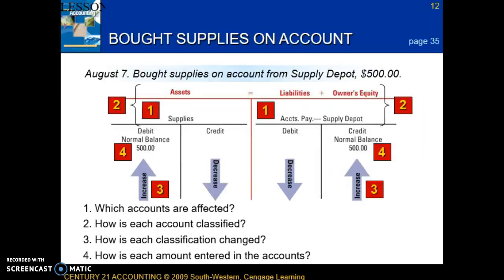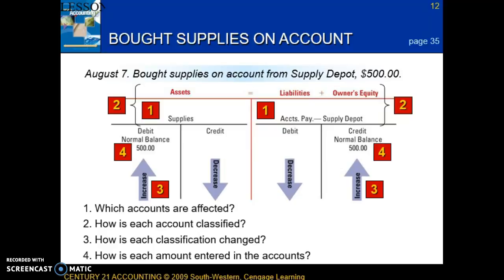If we were to buy supplies on account, so on August 7th, bought supplies on account from Supply Depot at $500, our two accounts are going to be supplies and then accounts payable dash Supply Depot. Notice you can abbreviate accounts payable, ACCTS period, PAY period. Don't abbreviate it any more than that. That is the correct acceptable abbreviation.